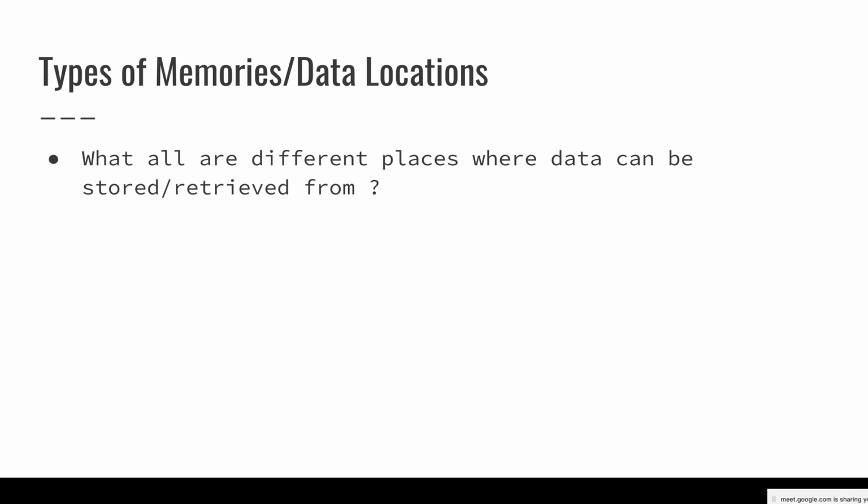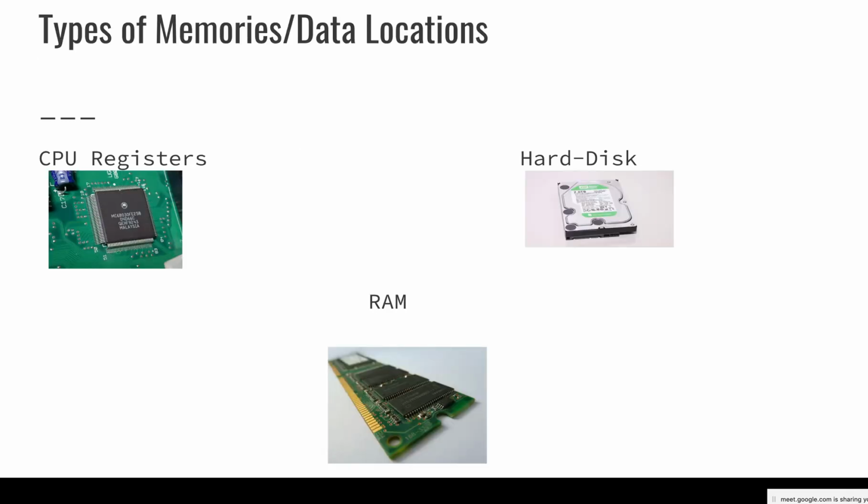Combined, if we take the union of all the responses you have provided, I think we will cover all possible locations. I could come up with these three simple locations. CPU registers are the registers we generally study in our computer architecture course, like accumulators and different kinds of memories which are very close to the CPU for direct access. The second kind of storage is RAM, random access memory, or the primary memory.